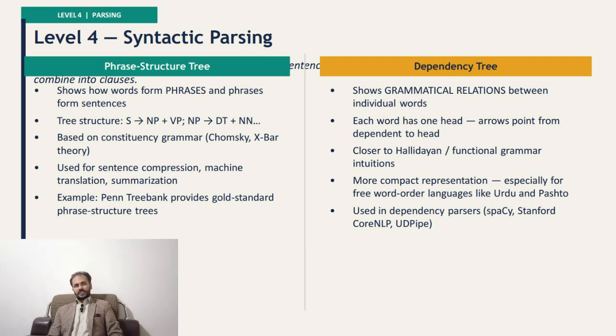A dependency tree shows the grammatical relations between individual words. Which word is the subject of the verb, which word is the direct object, which word modifies which. Both types of parse are widely used, and we will study them in detail in the next lecture.